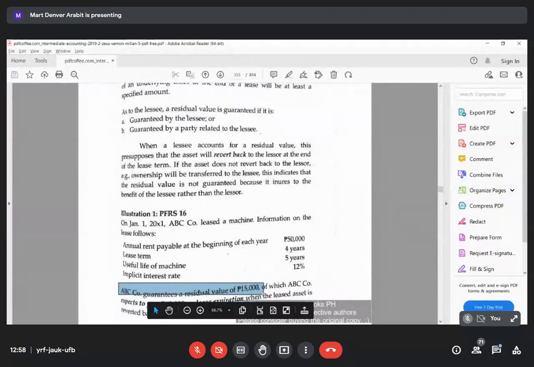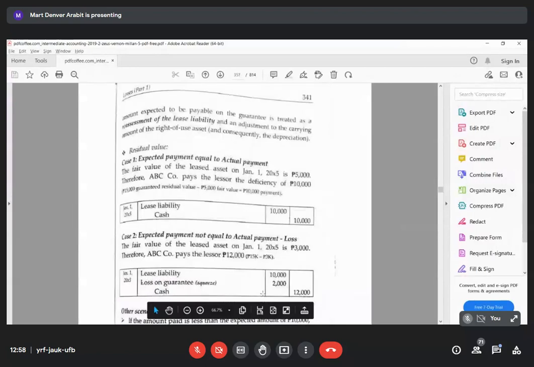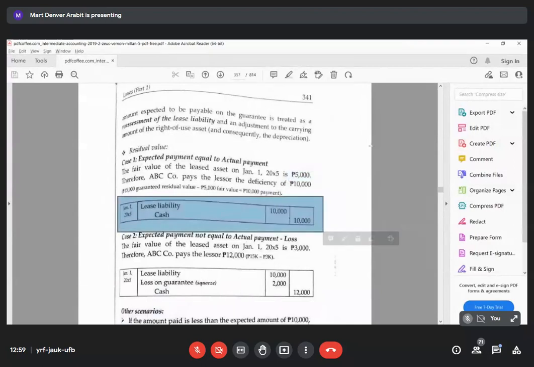That's why ina-expect niya na ang magiging fair value lang nun at the end of the lease term is 5,000, which is exactly what happened dito. Okay? So, naging fair value lang niya is 5,000. So, magbabayad siya ng 10,000 kay lessor to account for the difference ng fair value at nung residual value.